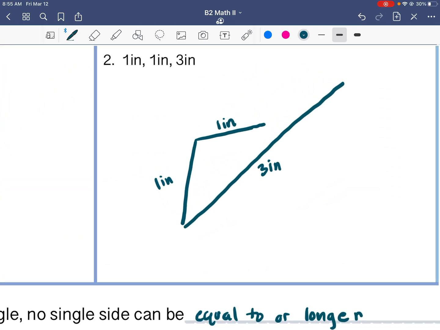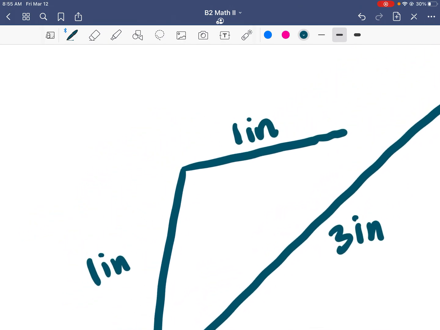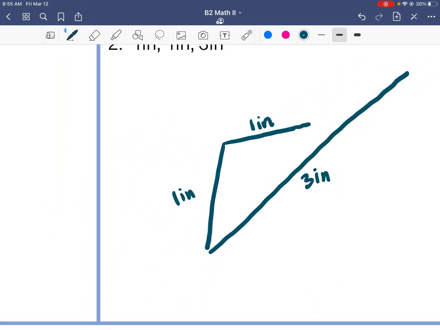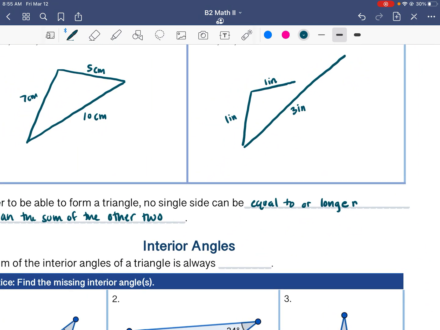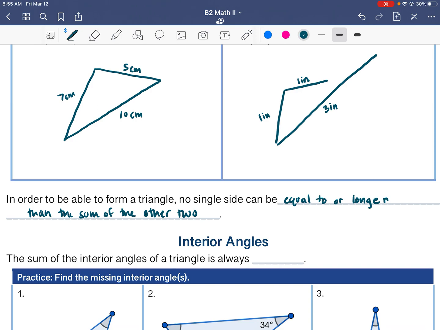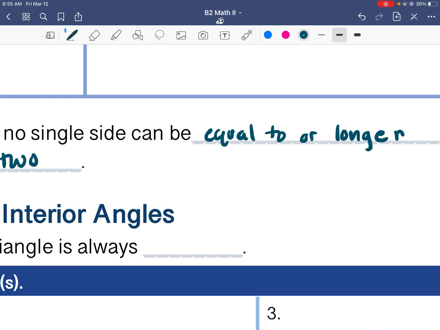I will write that word out. So in this one, the problem is that the side that's 3 inches is longer than the sum of 1 inch plus 1 inch, right? So that is what makes it not work here. It can't be equal to or longer than the sum of the other 2. The idea here is that it can't be equal to either.